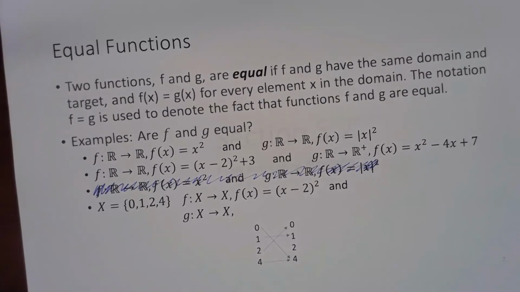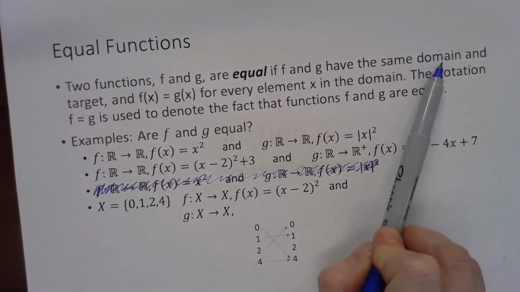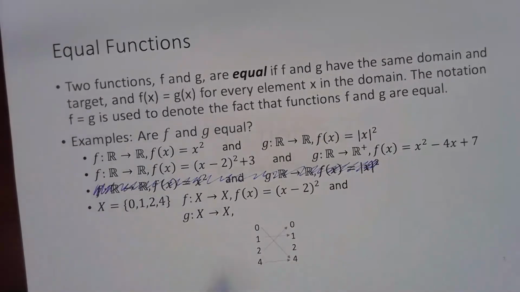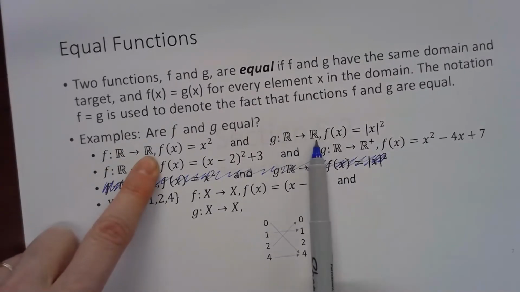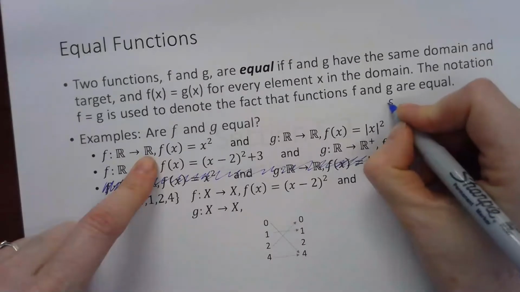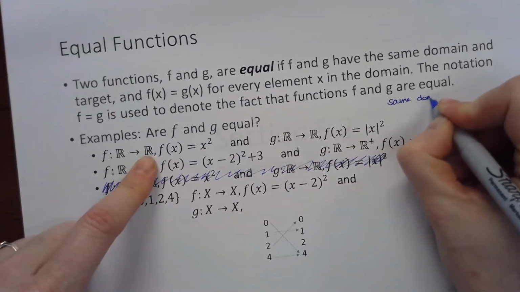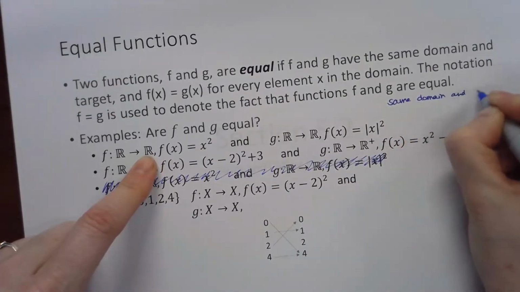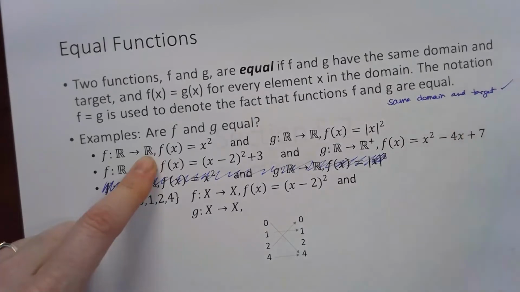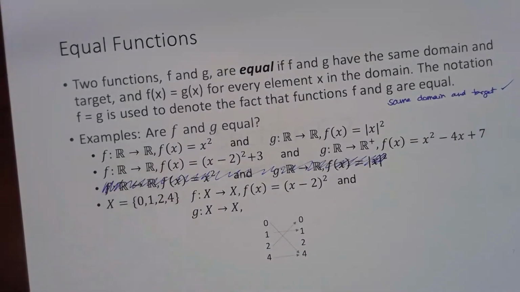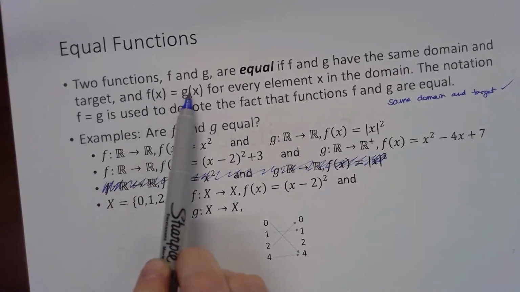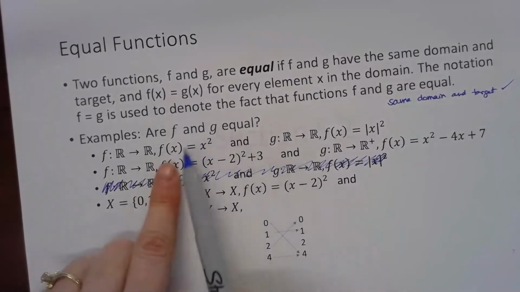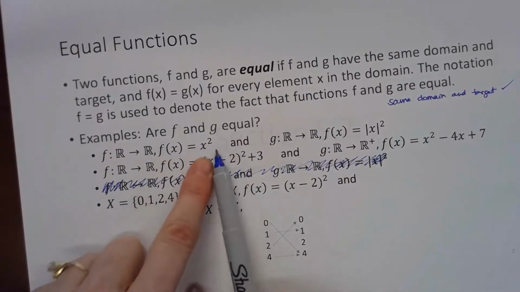Okay, so the top one, the first thing we have to check is, do f and g have the same domain and target? So here's f and g. I look, domain, same. Target, same. All right, so they do have the same domain and target. Okay, so that one's good. And next, we have to check for every value of x, is f of x going to equal g of x? So if I go to this function and I do f of x, I'm going to get x squared.